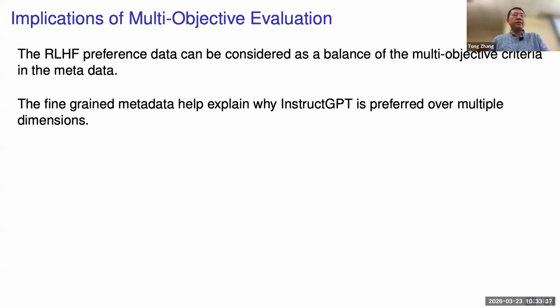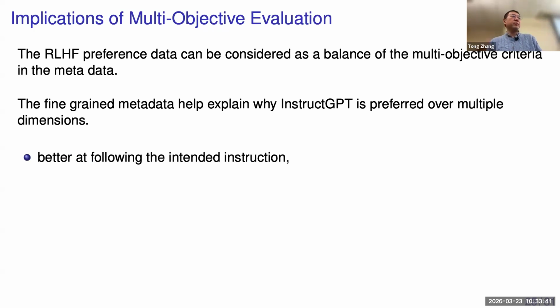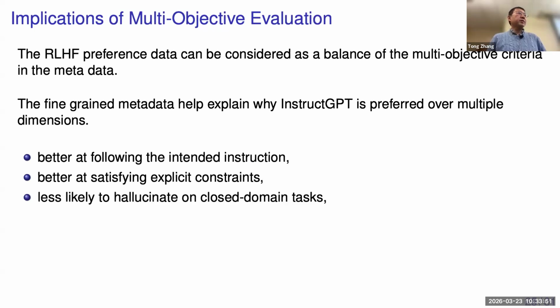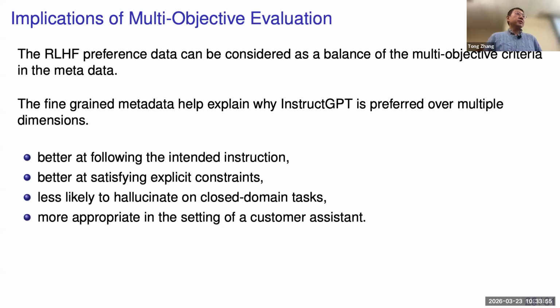They try to talk about that in the paper, because there's a balanced weighting of these different objectives: better following intended instructions, better satisfying specific constraints, less likely to hallucinate, and more appropriate in the setting of a customer assistant and so on. So basically, these are different dimensions they care about, and they all come out of a single reward model.